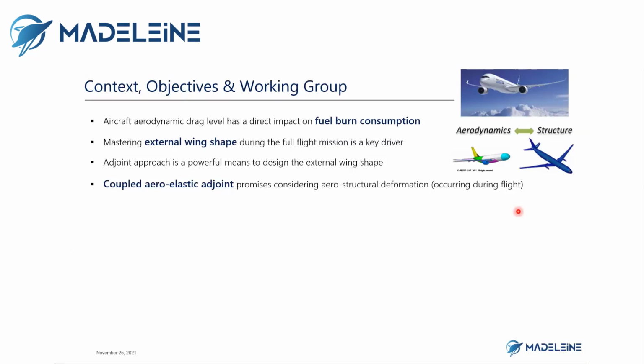And here, the adjoint approach, as highlighted previously, is a powerful means to perform optimization and design the external wing shape. And in the frame of the Madeleine project, we explore the coupled aeroelastic adjoint, since it promises to consider the aerostructural deformation that occurs during the flight.